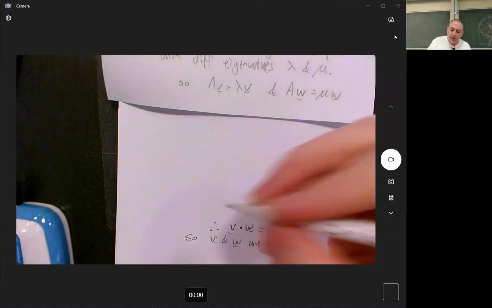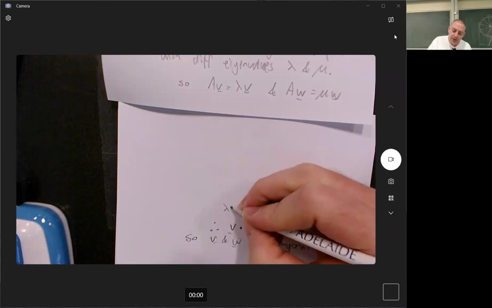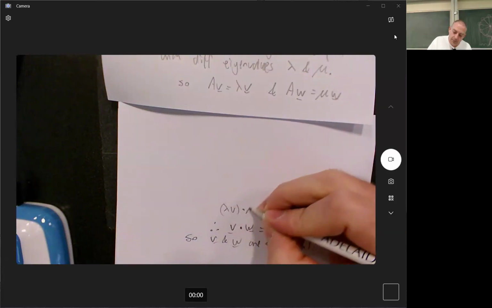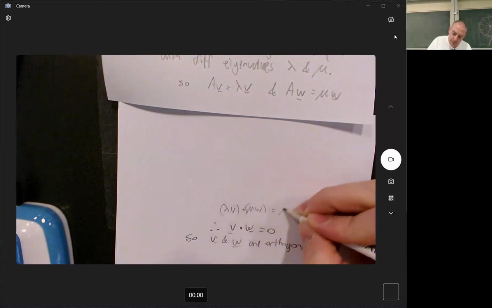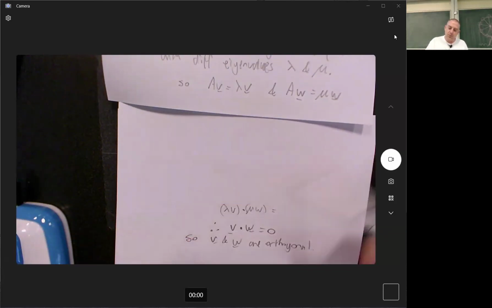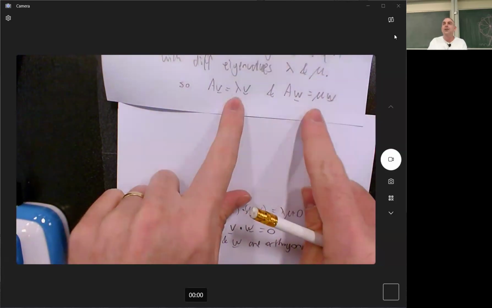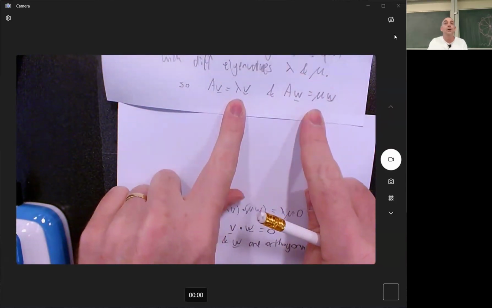This is my thought. It might not be a good thought, but just temporarily, I'm thinking that if I multiply both parts of this by lambda and mu, it would still be 0, right? And these are in those equations, and that could work.